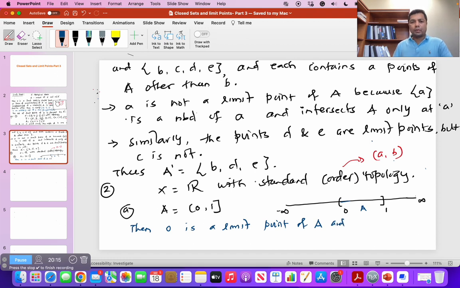And now we want to find all the limit points. So far we found 0 is a limit point of A, and let's look at the midpoint of that interval. Let's say the midpoint is 1/2. Then a neighborhood of 1/2 is an open interval containing 1/2 that goes to both the left side and the right side, and that will obviously intersect A at some point other than 1/2. So 1/2 is also a limit point.